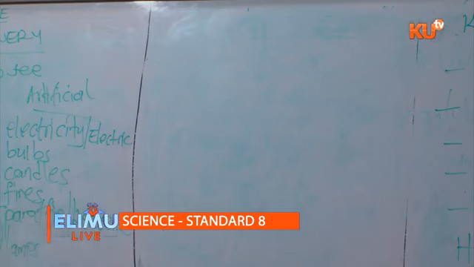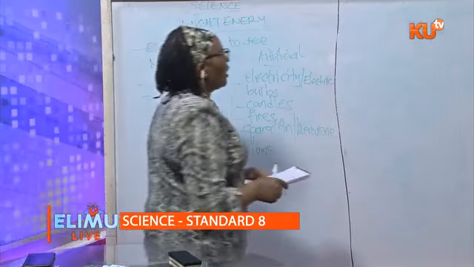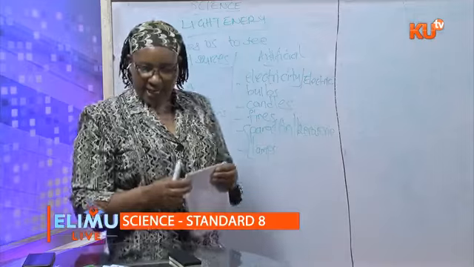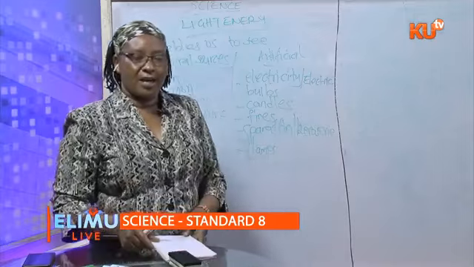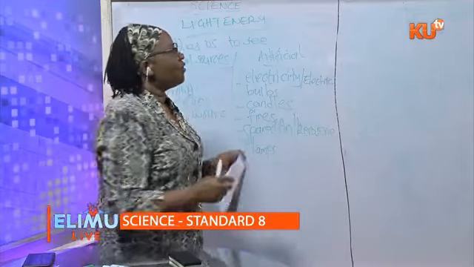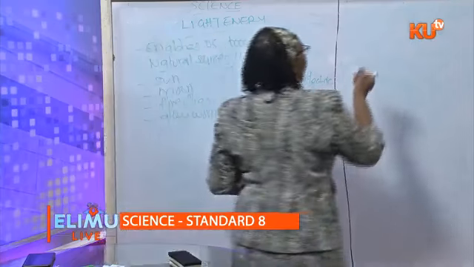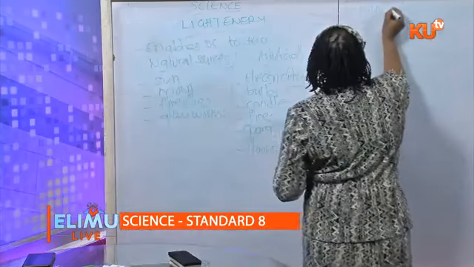When you put it next to a pin, it pulls that pin. That is what we call a magnet. I'm very sure you have learned about magnetic energy in class 7, and you know the magnetic materials. So we are going to look at magnetic energy.